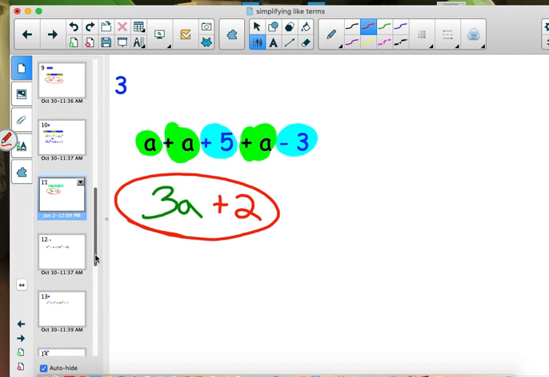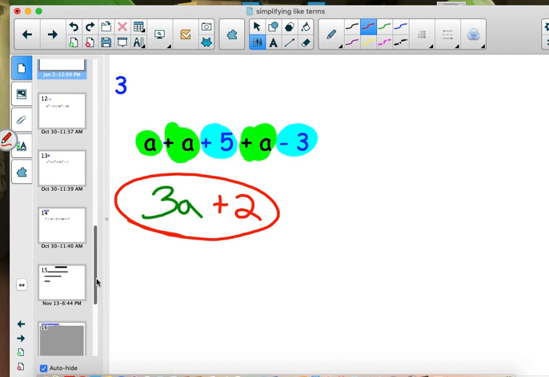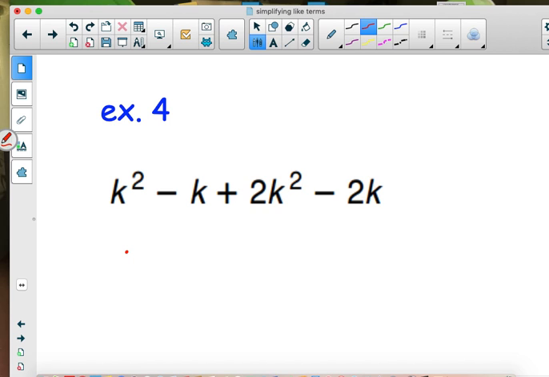Oh, I put down 3 terms. Where are we at? We're not going to do all of them. We're going to do maybe one more. I'm actually going to call one of you guys to go up and do it.